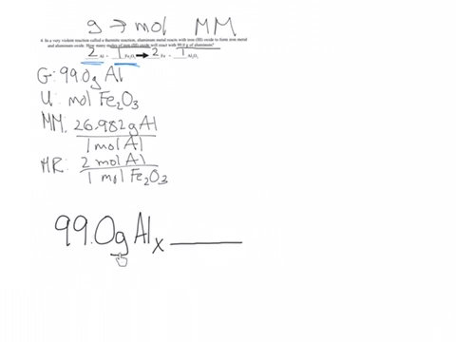So the first thing you should notice is we have grams and we need to get rid of them. The only way to go from grams to moles is to use our molar mass. Here's our molar mass of aluminum. Now notice we're trying to get rid of grams, so the 26.982 goes on the bottom of the fraction and the mole on top.